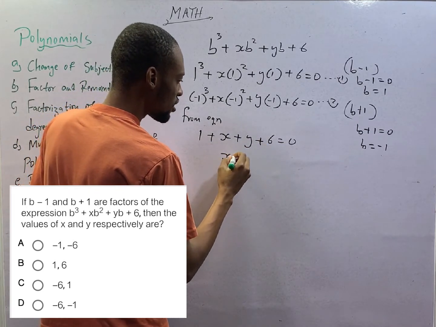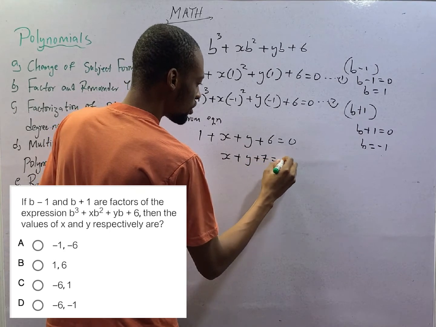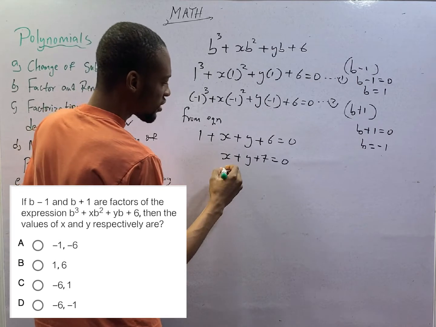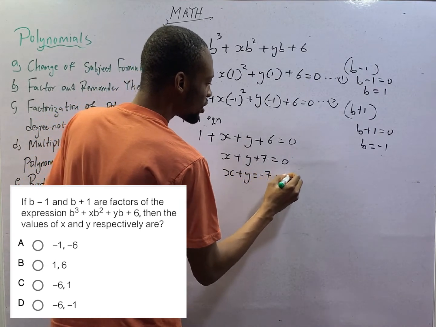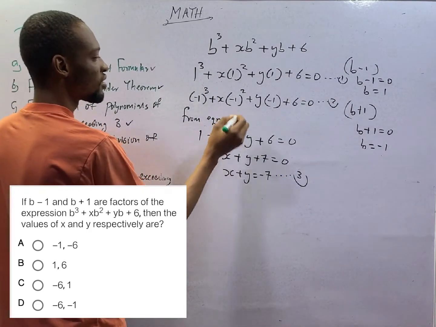So s plus y plus 7 is equals 0. Putting this in the form of a simultaneous equation, s plus y is equals minus 7. Let's call this equation 3. This is from equation 1.